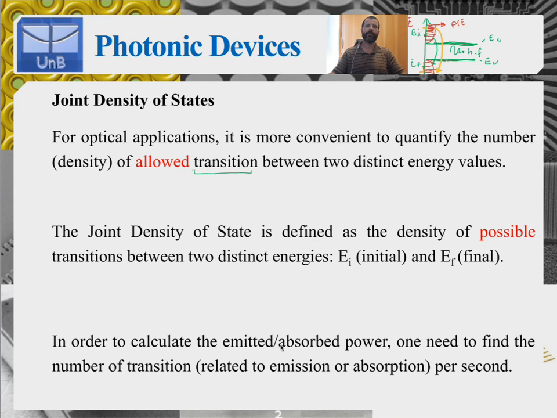If we know the number of transitions per second, we know the number of photons emitted, and we also know the energy of each photon, which is h times f. So if we multiply the number of photons emitted, which is related to the number of transitions, by the energy of a single photon, we can know the total energy emitted and the total power and so on.